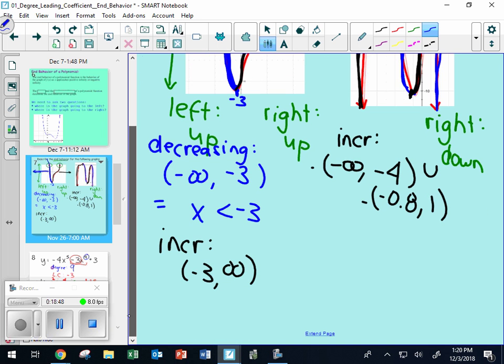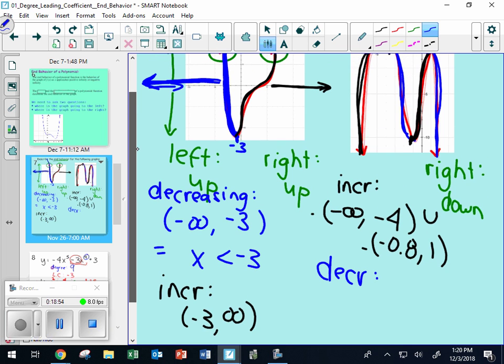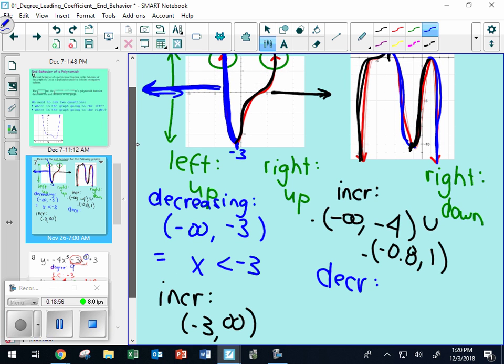Now we have to look at our two decreasing intervals here. Nate, would you like to call on somebody to give us our first interval? Okay. First one, for decreasing. The small one, right? I got negative 0.8.